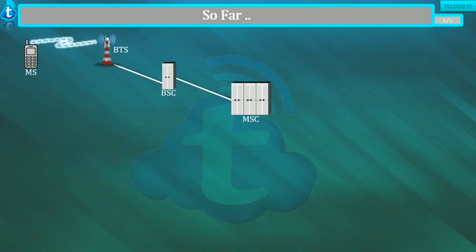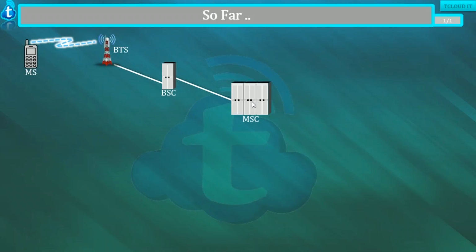And once the BSC allocates the radio resources to the mobile users, and the mobile sends information to the BSC using those radio resources, the BSC forwards that to the MSC.